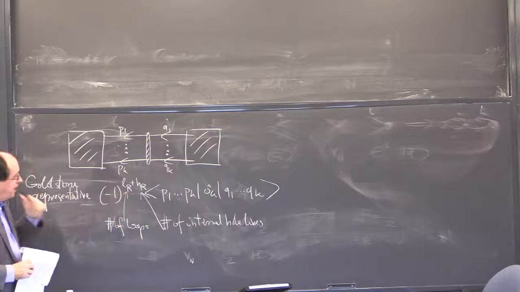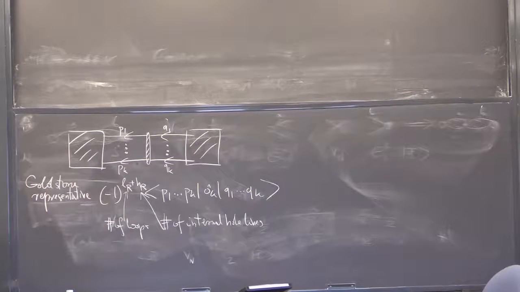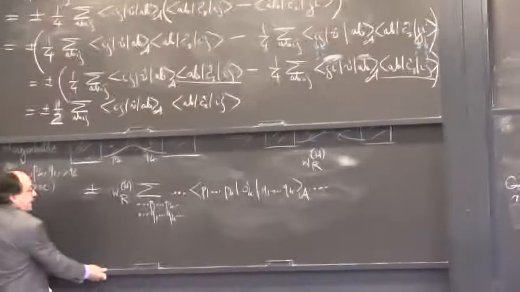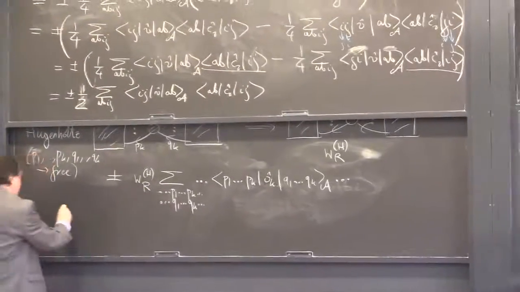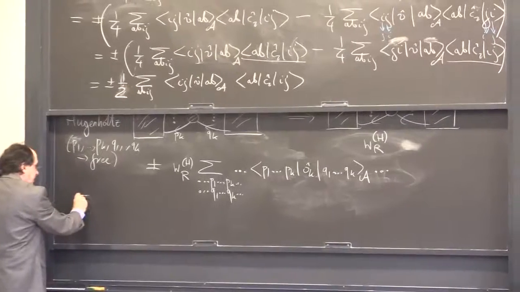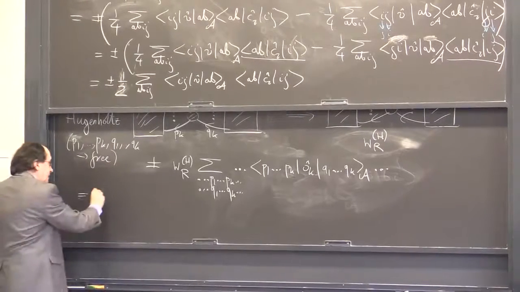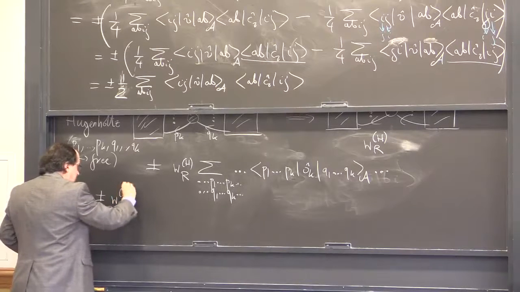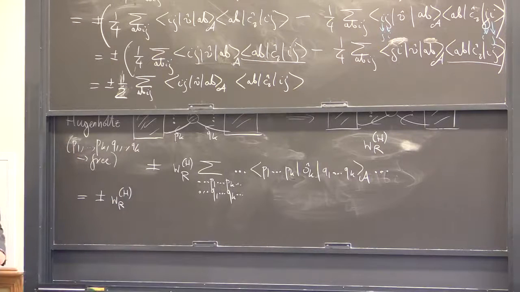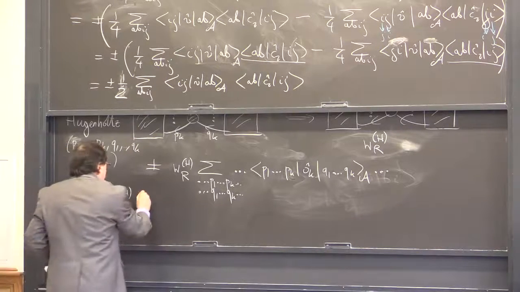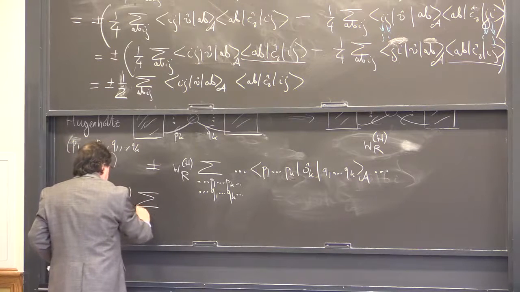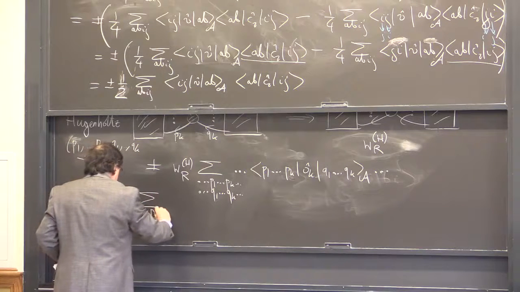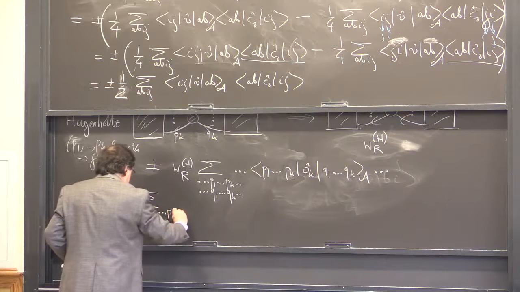So now let's go back to our Hugenholtz. If you really look at this expression once again, let me continue. So this equals plus or minus the weight read from the Hugenholtz diagram, or skeleton. There is going to be a summation over all the p's and all the q's.